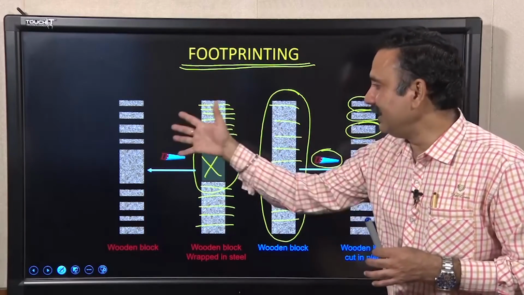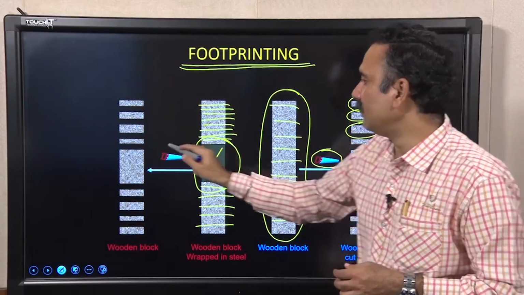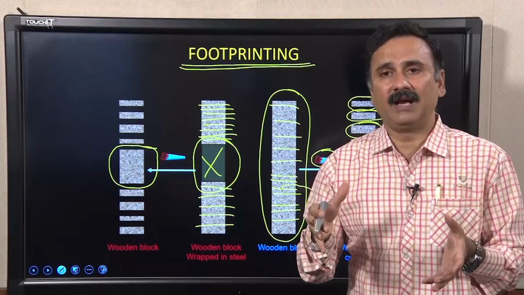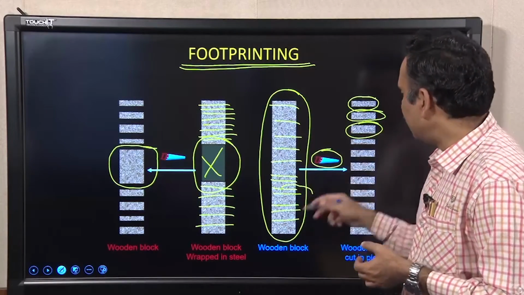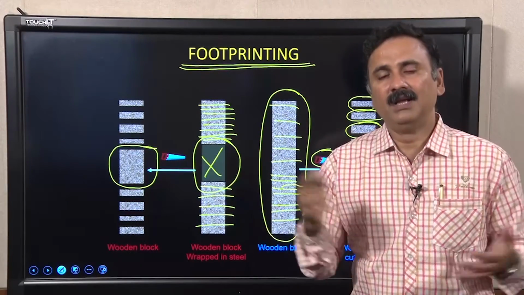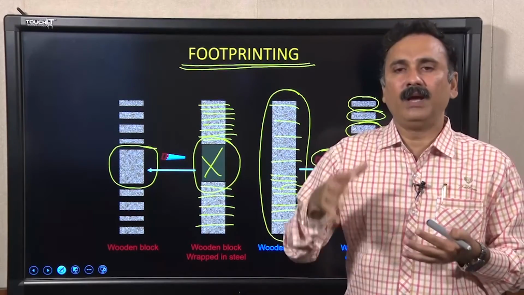So, what you will see in the pattern is that there will be an intact wooden block present, which is going to be a large chunk of the wooden block, whereas in the other case everything is going to be cut into multiple pieces.